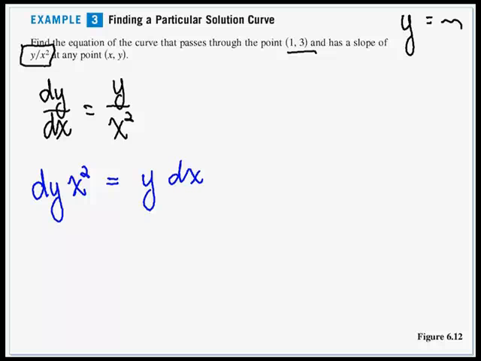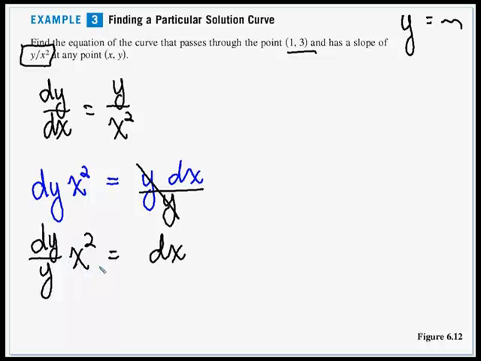And I think for this one, I'm going to get my y's on the left. So I'm going to divide by y, and this is going to become dy over y times x squared equals dx. And then I'm going to divide both sides by x squared. dy over y equals dx over x squared.